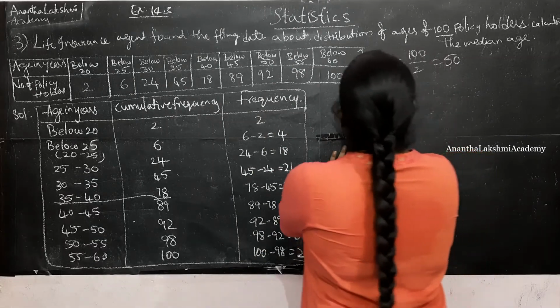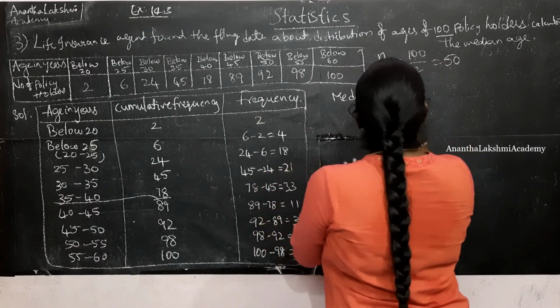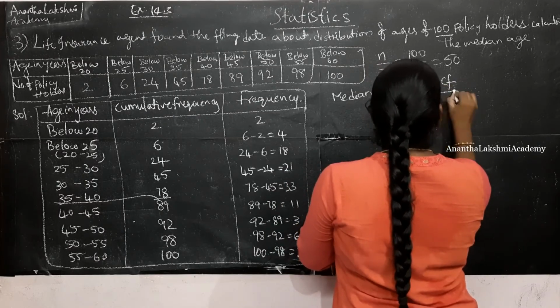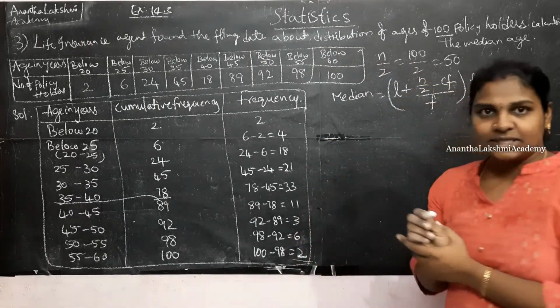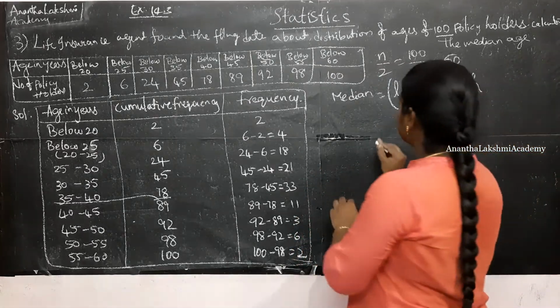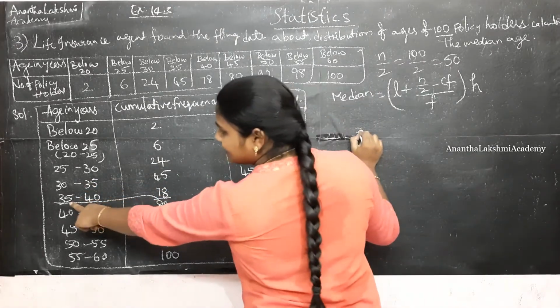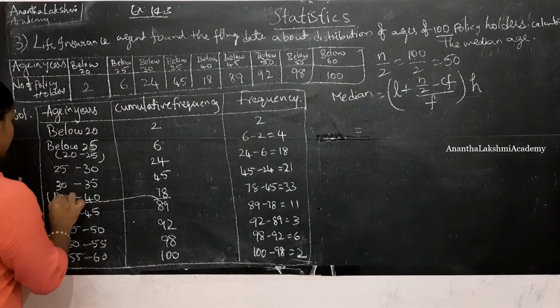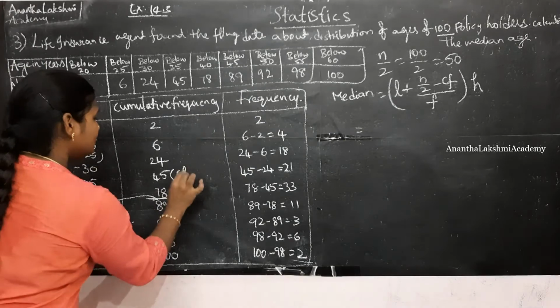So median is equal to, what is the formula guys? L plus n by 2 minus cumulative frequency of the preceding class, by frequency of the median class, into class interval size. Okay, let us substitute. What is L? L is 35. Which cumulative frequency are we supposed to use? This value, 45.